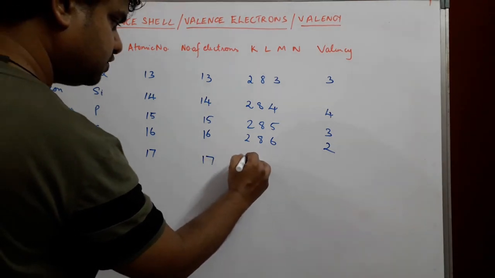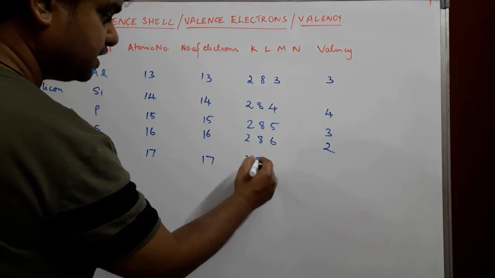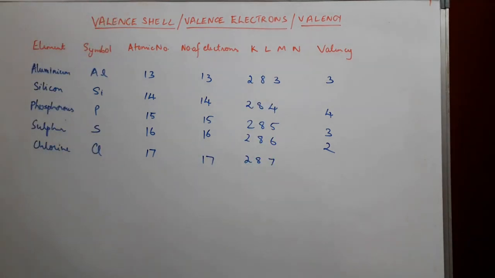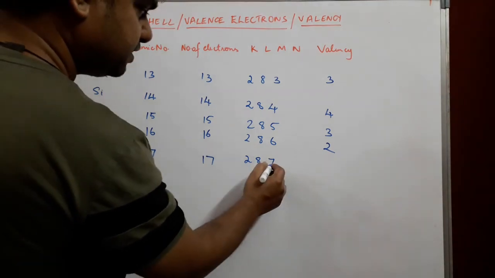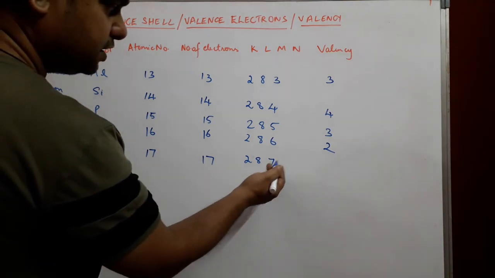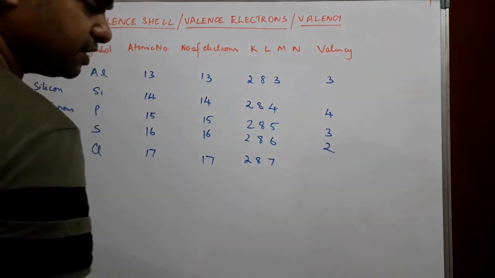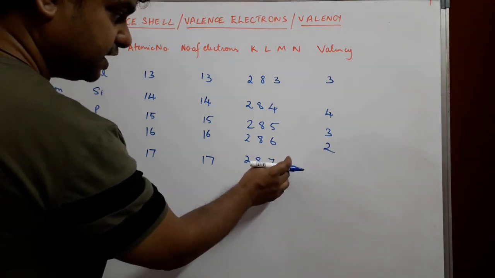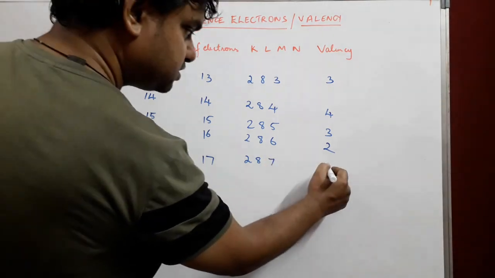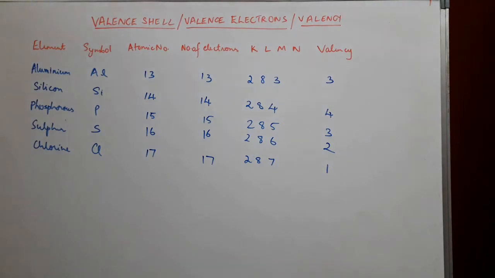So we have 2 filling up the K shell, 8 electrons in our L shell, followed by 7 electrons in the M shell, and chlorine needs just 1 electron to gain stable configuration. Stable configuration, in this case, means it will need 8 in the outermost orbit. This is the outermost orbit. So this will become 1. The valency will be 1.